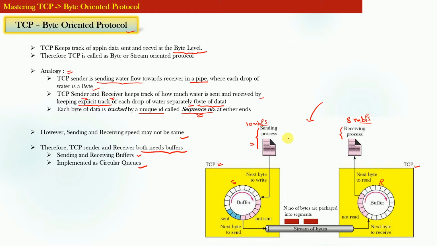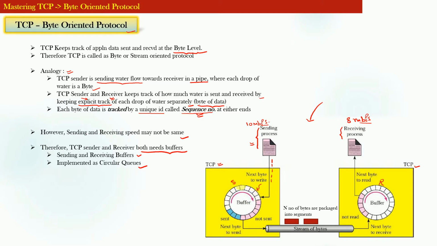Note that the two processes may be running on different machines in the network. Now, when the sending process needs to send data to the receiving process, the sending process will generate bytes of data, right? These bytes of data are written by the TCP protocol into its sending buffer.